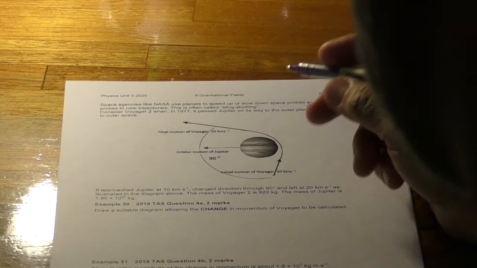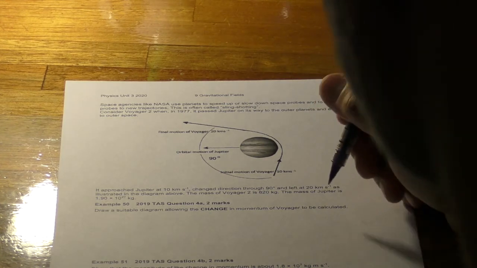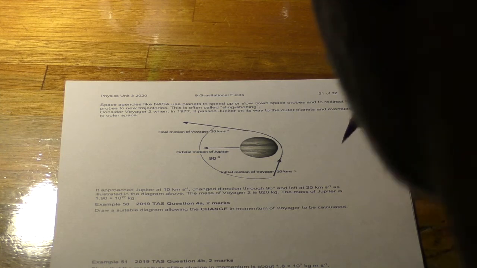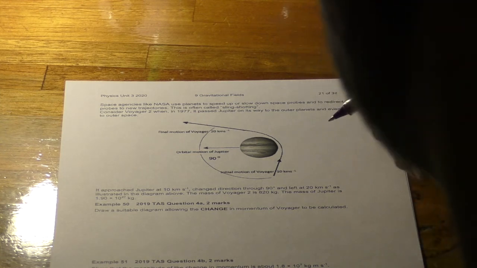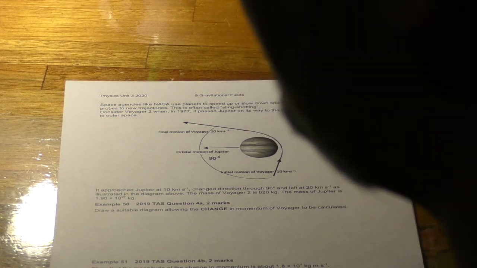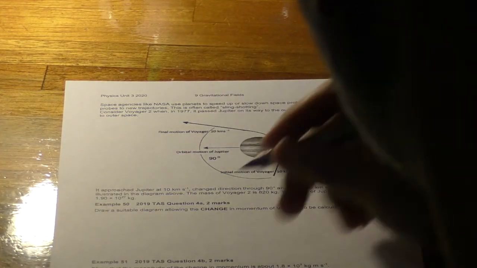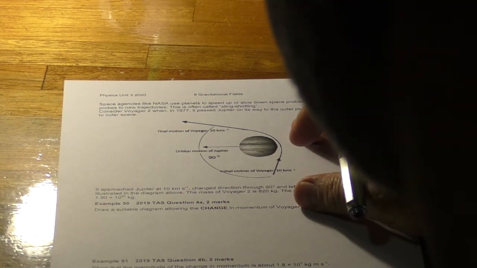So draw a suitable diagram showing the change in momentum of Voyager to be calculated. To calculate the change in momentum, you need to get its change in velocity. The way you do that doesn't change, no matter what chapter you're doing: final velocity take away initial velocity.